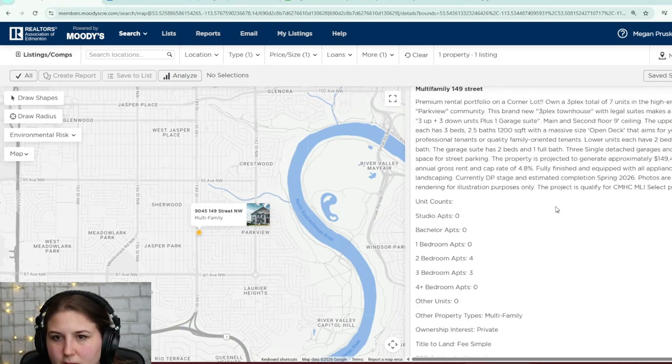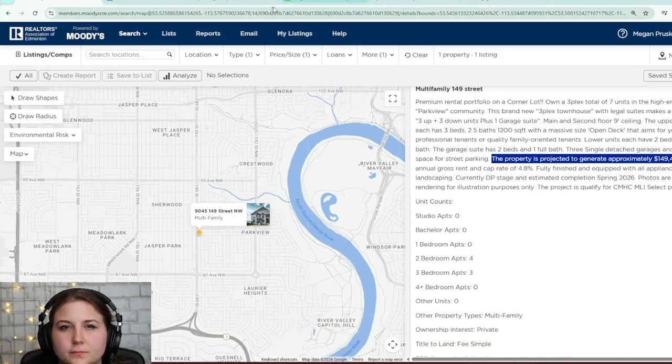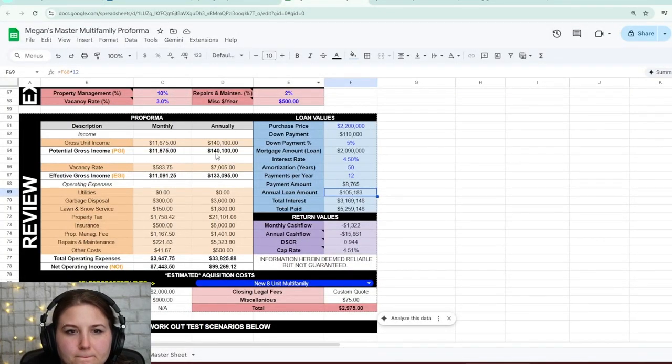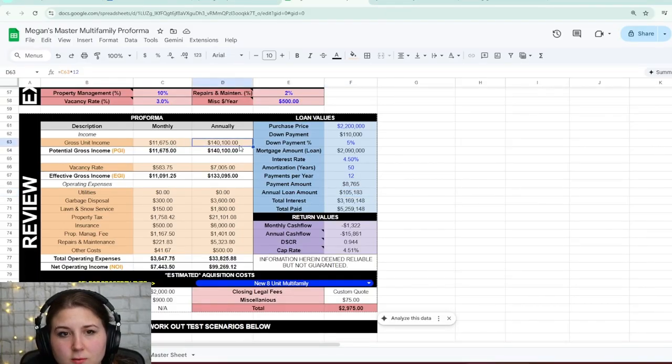This is why you don't trust other people's numbers, and you shouldn't be trusting mine either. This property is projected to generate 149 in gross rent. I'm close. I'm at 140.